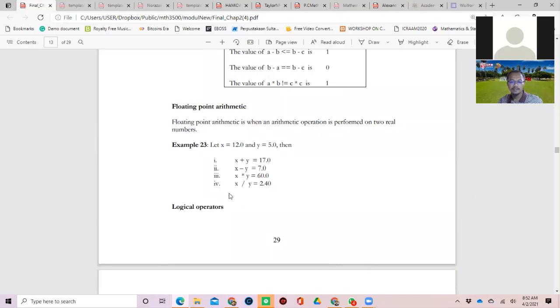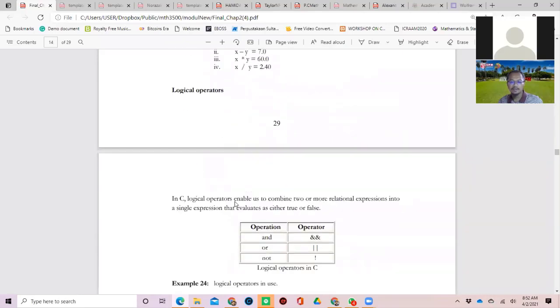You can just calculate this one, logic operators. Okay, now. In C, we have the logic operators and, or, not. In C, they have symbols. For the and, we have a double ampersand here. And for or we have a double vertical bar on the keyboard.